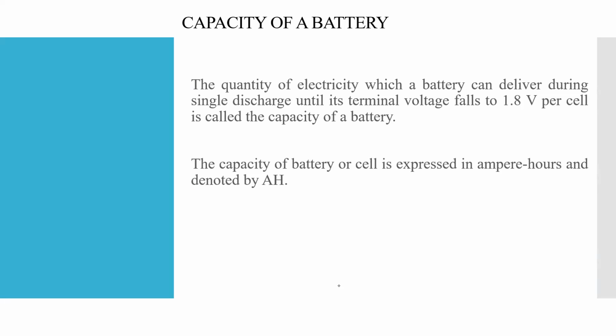How much energy it can store and how much energy it can deliver. So the quantity of electricity, or energy, which a battery can deliver during a single discharge until its terminal voltage falls to 1.8 per cell, is called the capacity of the battery.